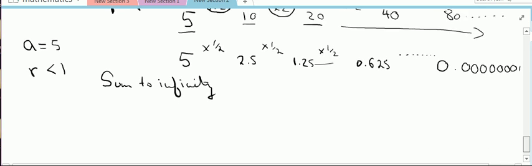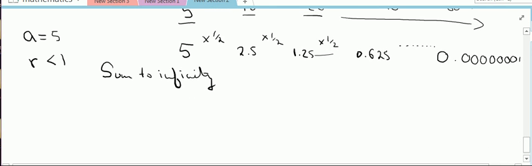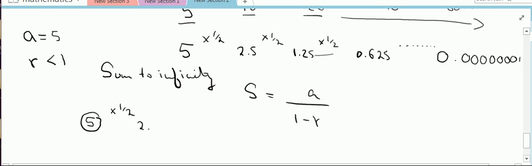And for that, it uses a formula which is S is equal to a divided by 1 minus r. Now firstly, let us say that a man deposits 5 rupees on the first day and he intends to deposit in multiples of half the next day and keeps on depositing this amount forever.